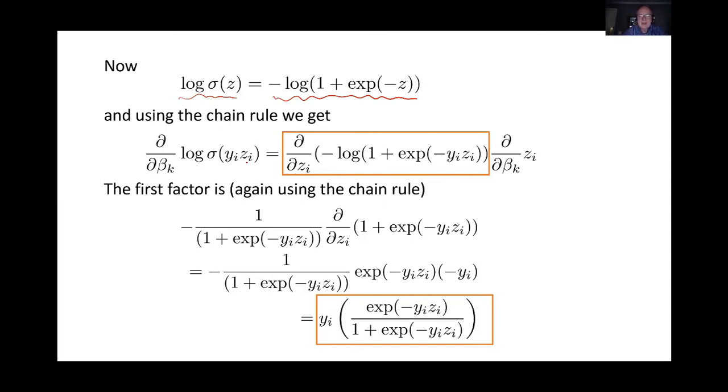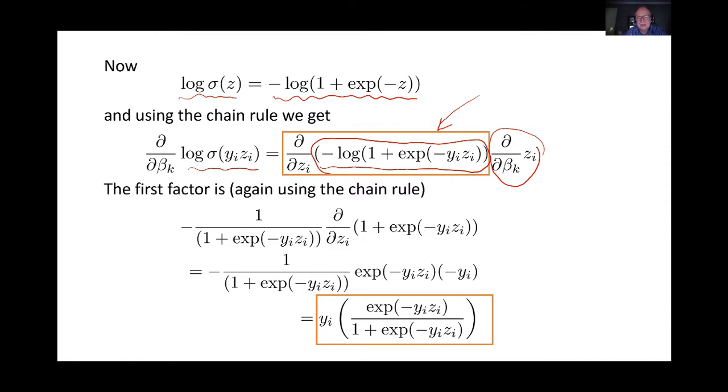Here is how we're going to do the partial derivative of this function. First, we take the derivative of the function with respect to zi, and then multiply that by the derivative of zi with respect to beta. This is the chain rule that hopefully you have seen. If you don't remember it, then refresh your memory.